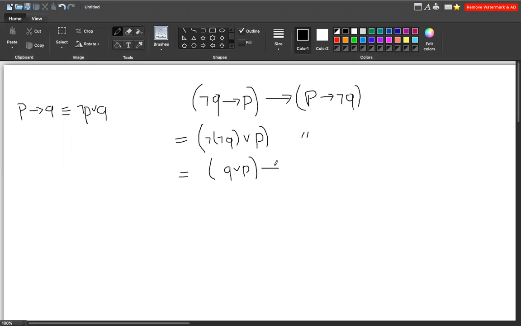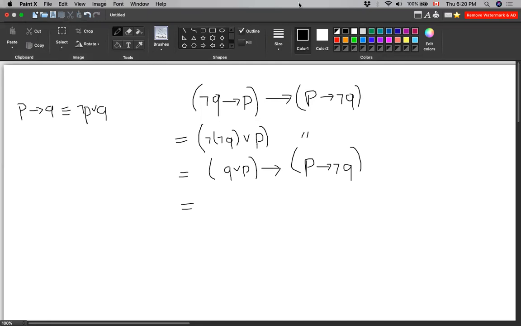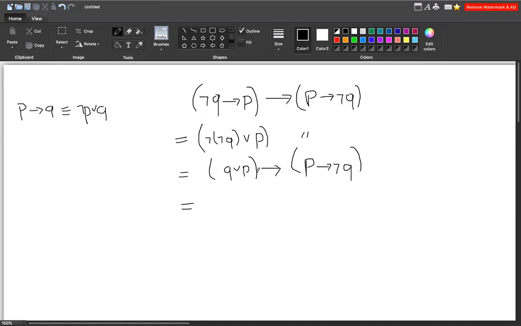Then we have P implies negation of Q. Now we're going to apply this same rule inside over here.